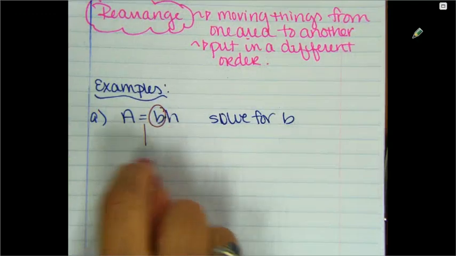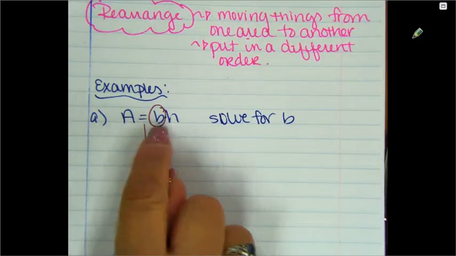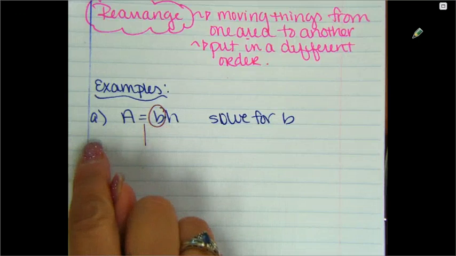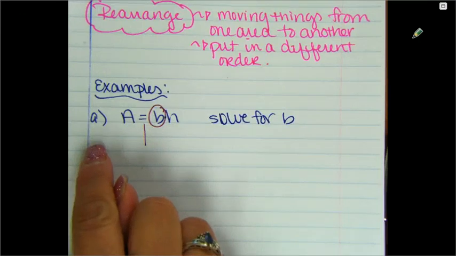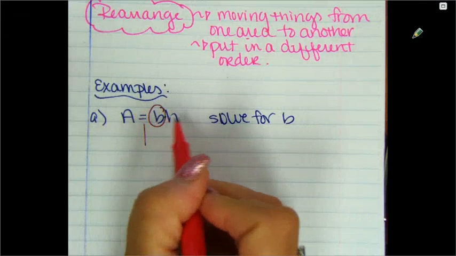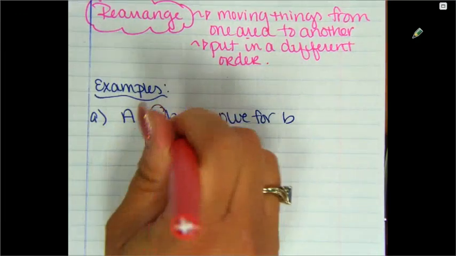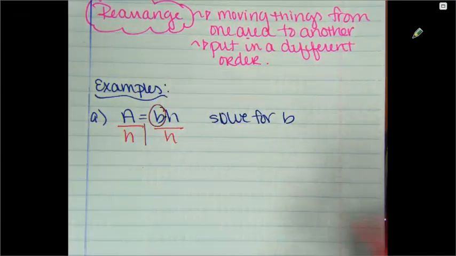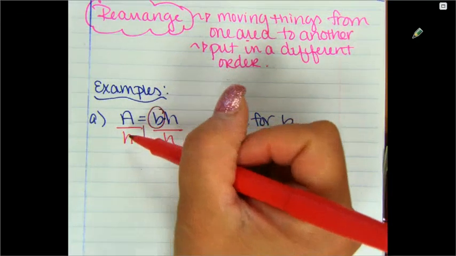Since I need to move H to the other side, what operation am I going to do? Inverse operation, which means what? Divide. Why divide? Because it's being multiplied, so we have to do the opposite, which is to divide. Now, can you divide A and H?